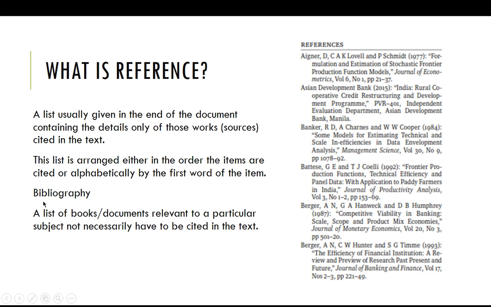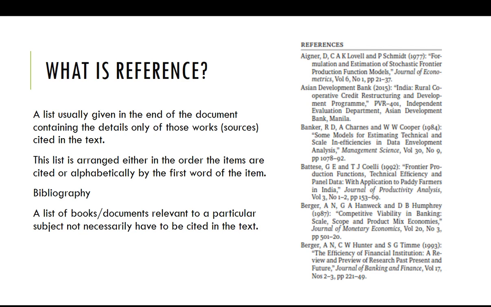So bibliography and reference list, there is a difference. In the reference list we provide only those works which we have cited in the text, whereas in the bibliography we can provide any work which is relevant to a particular subject, and it does not necessarily have to be cited in the text. ज़रूरी नहीं है कि आपने इसको साइट किया हो, बट अगर रेलेवेंट है तो आप उसको बिब्लियोग्राफी में मेंशन कर देते हैं. Usually in a thesis they provide a reference list as well as a bibliography.